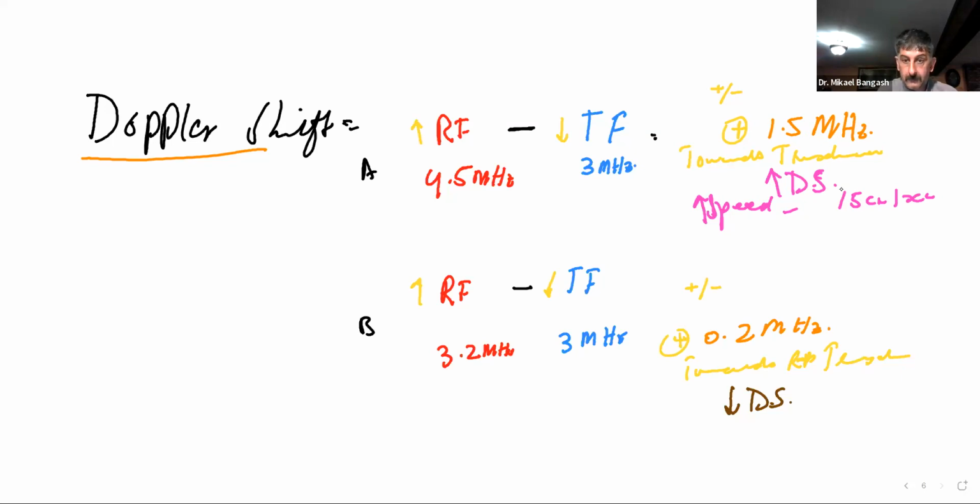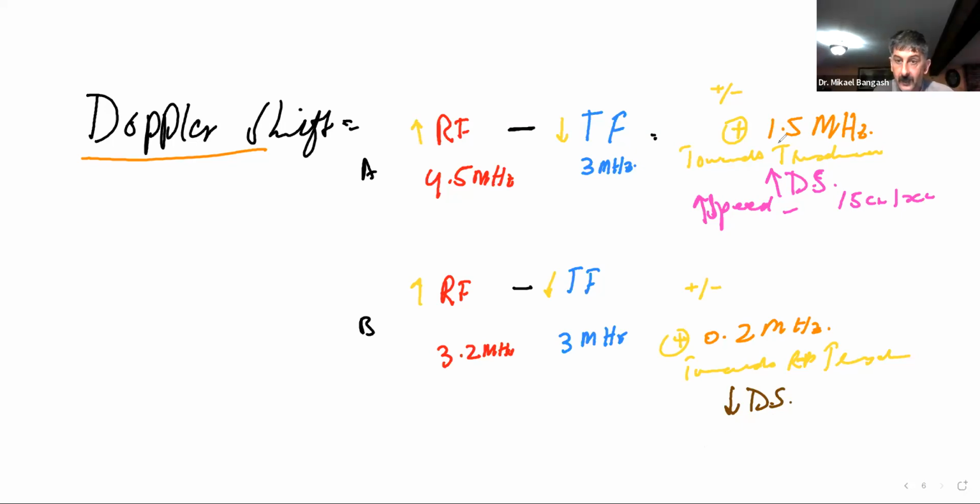Whereas here, due to the lower Doppler shift, because of the lower difference between the two frequencies, it's still positive, so that means the red blood cell travels towards the transducer.